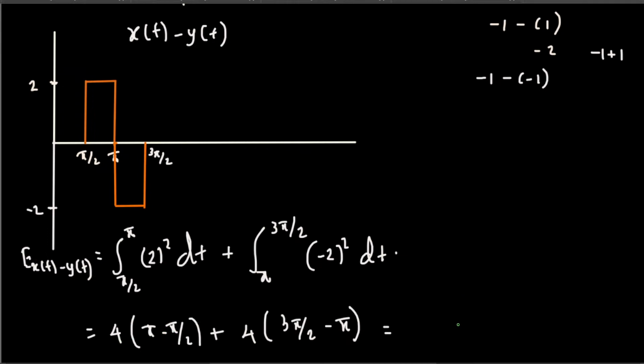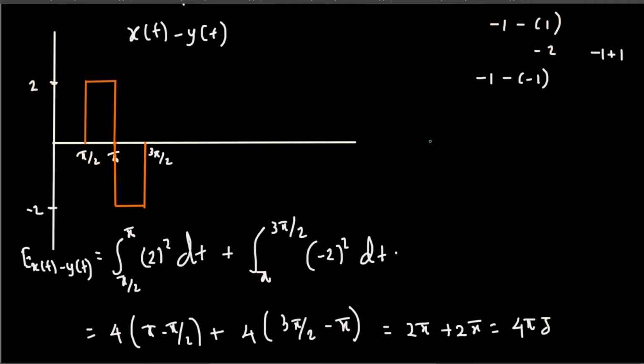So 4 times 5 by 2, that is 2π5. Plus this is 3 5 by 2 minus 5. So if you want to make same denominator, you can multiply top and bottom by 2. So 2 5 by 2 5, 3 5 by 2 minus 2 5 by 2, that is 5 by 2. So 4 times 5 by 2, again 2π5. So this is again 4π5 joule.